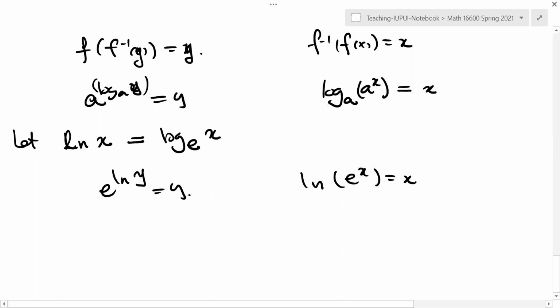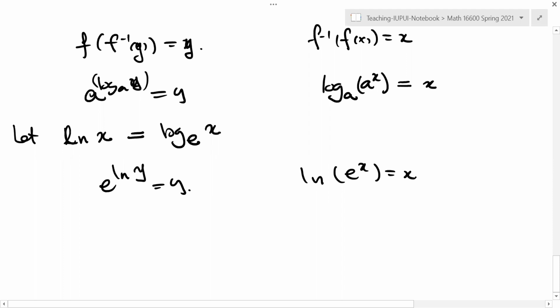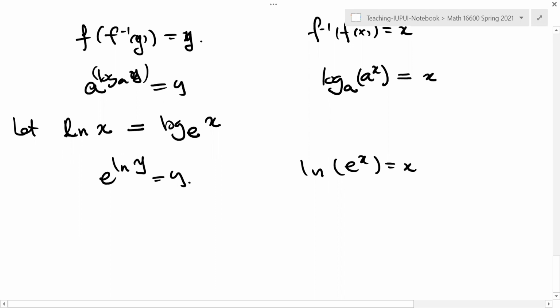Okay, so let's practice. Let's do some exercises to get familiar with the log function. The first example I want to look at is simplifying this.